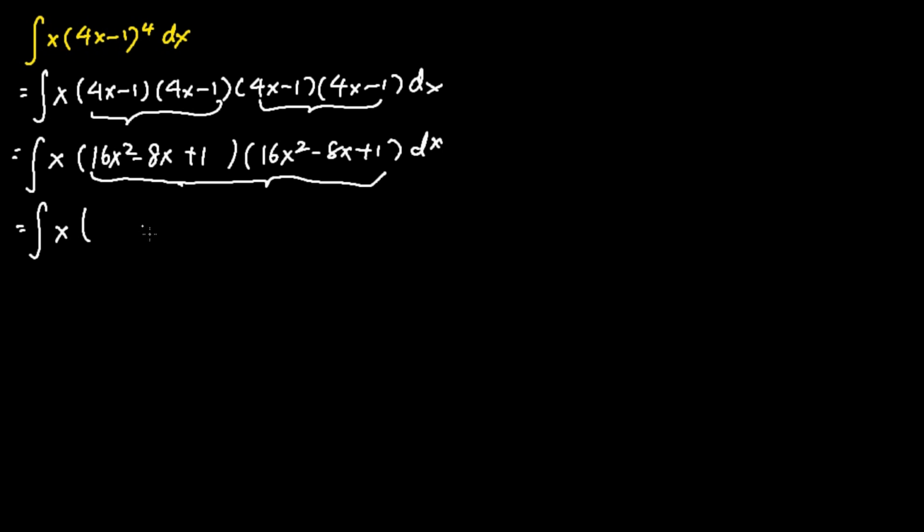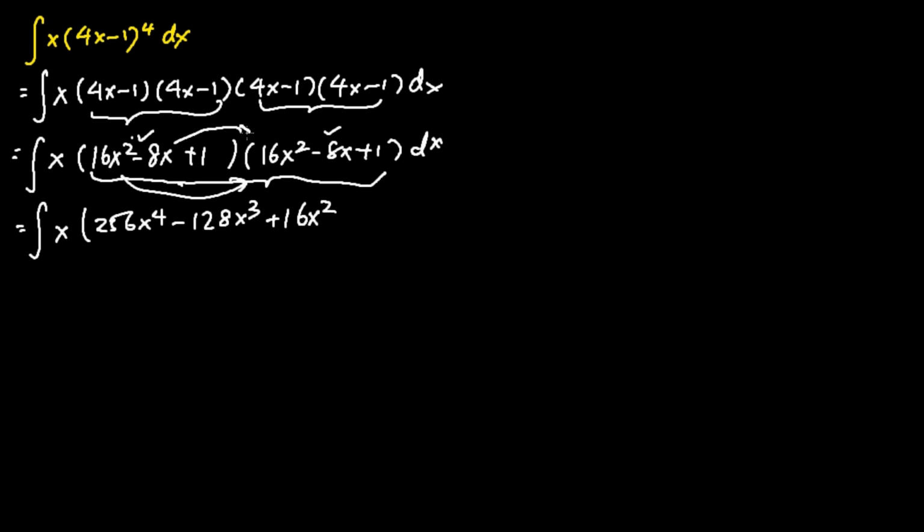I'll get the following. 16 times 16 gives me 256x to the power of 4. And next I will do 16x squared times minus 8x. This gives me minus 128x cubed. And next we have 16x squared times 1 gives me 16x squared.